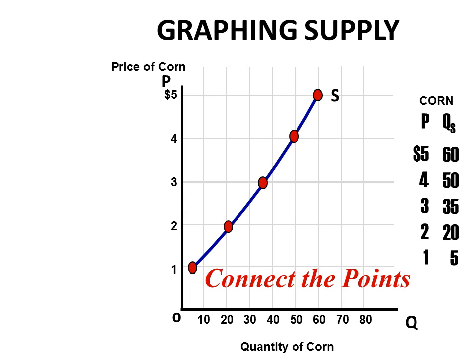Prices of $1, $2, $3, $4, $5 per bushel. And then we have quantity supplied. So the farmer is enticed to produce and make more available for sale as price increases. The upward sloping supply curve is derived from that data and reflects the law of supply.